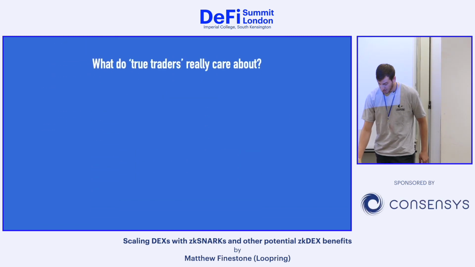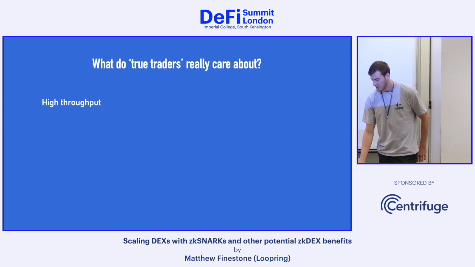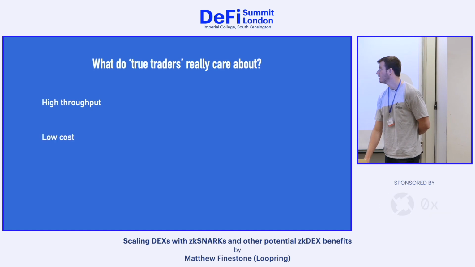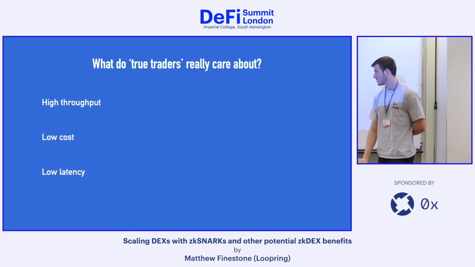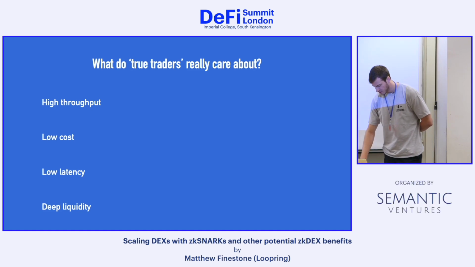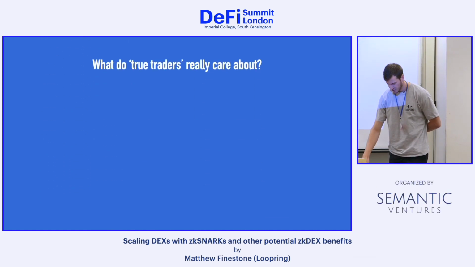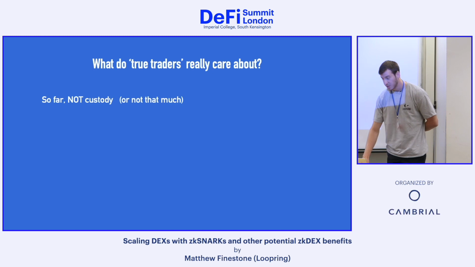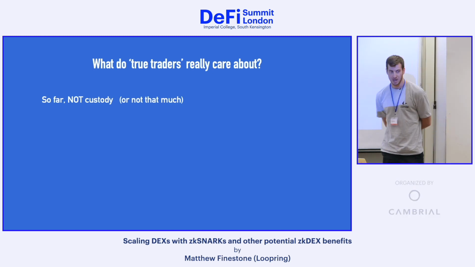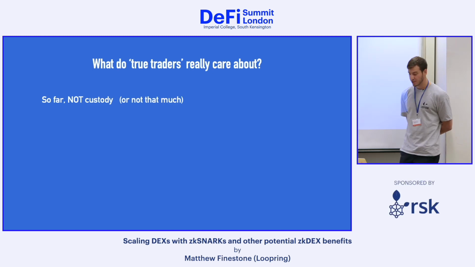But what do the true traders really care about? This is something we've always known, but it's becoming more and more apparent. High throughput, low cost, low latency, and deep liquidity. I won't need to explain any of that to you. What they don't care for that much yet, much to our dismay, is custody.